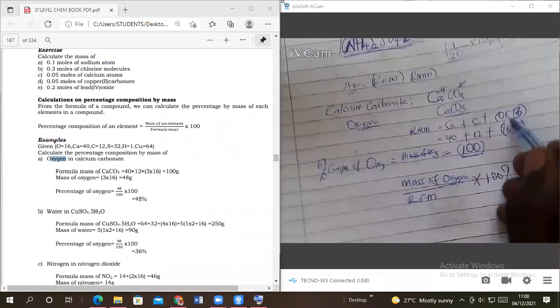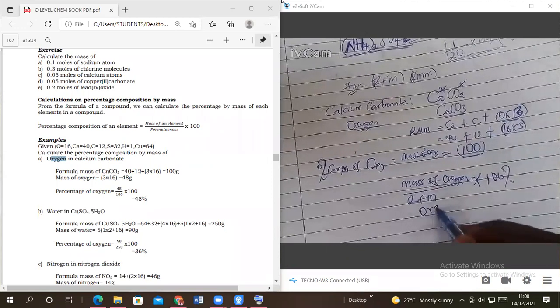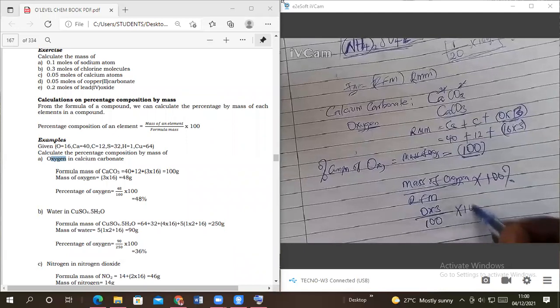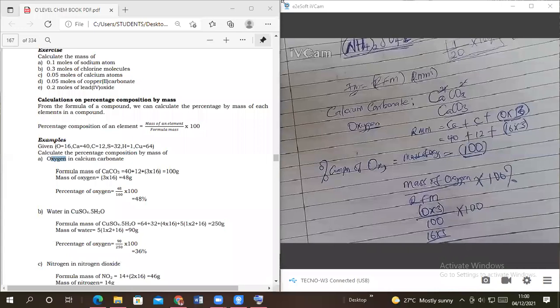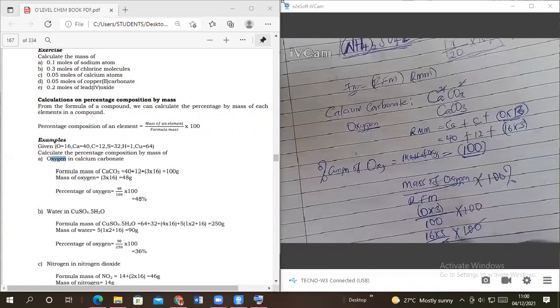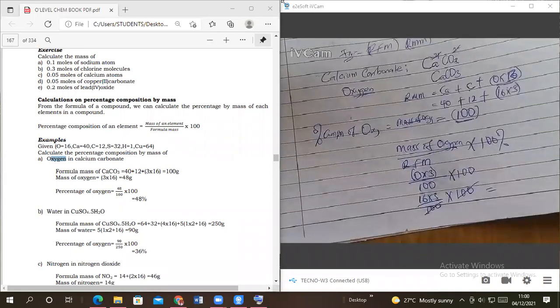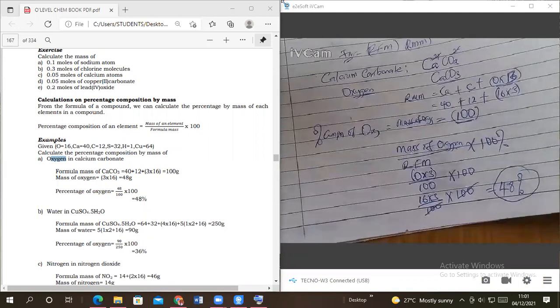In this compound there are 3 oxygens, so it's O times 3 divided by 100, times 100. So the mass of oxygen is 16 times 3 out of 100 times 100. This one and this will go. 16 times 3, you get 48%. Okay?